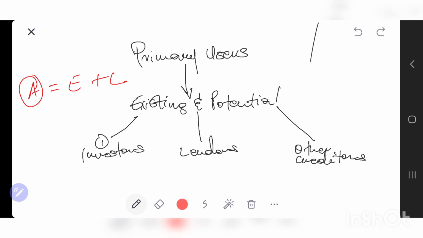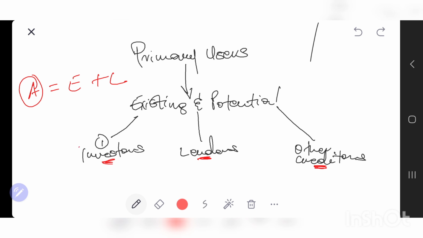These assets are used to generate a profit for the business, which is why the business starts in the first place. But for the business to buy these assets, it needs funds. And those funds come from investors, lenders, and other creditors.